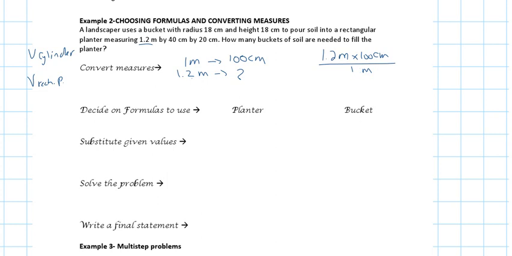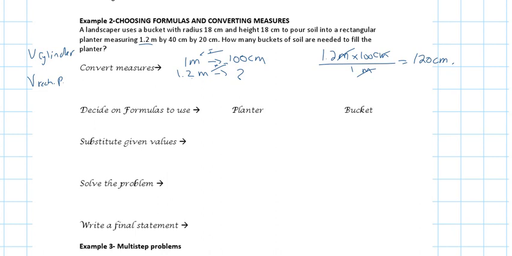Because remember, cross multiply and divide, right? So that would give me meter. So that should give me 120 centimeter. Okay, so I converted, now I know all my units. They are all in the same unit.